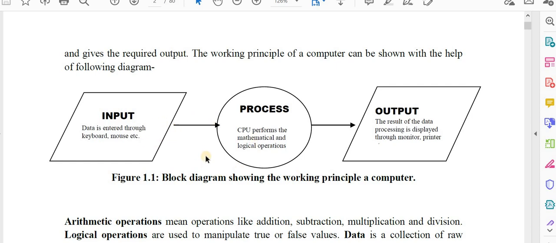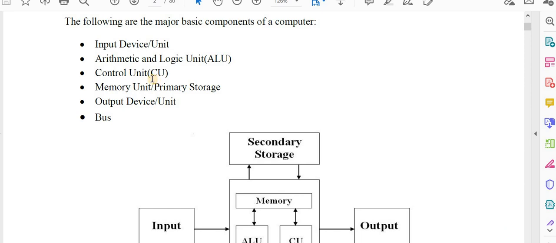You have to give input, and based on that input, some process happens, and after that process we get the required results. So the computer does not do anything itself. We, the users, have to give input, and with those inputs, some processes happen, and we get the required results. Okay, clear?